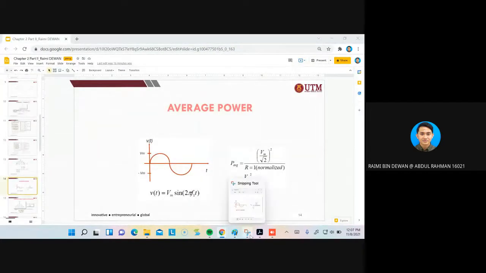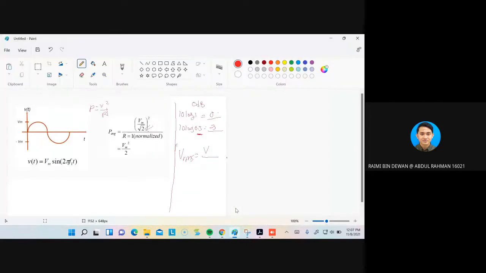From this signal, the entire signal is not always at the peak. It's not always maximum. So you need some value to average it, to consider all of the other conditions.